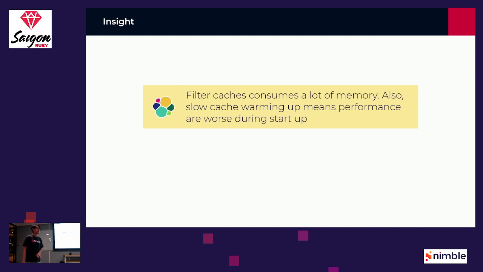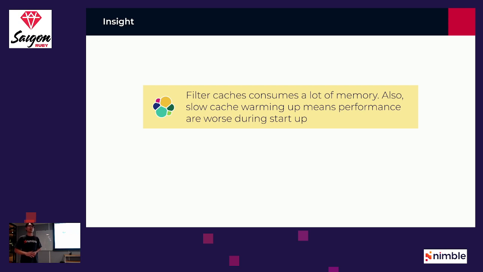But again, there's no free lunch. Filter caches consume a lot of memory. So this is probably the biggest source of memory consumption. Not the biggest, but it's very huge. Depends on the use case. Also, slow cache warming up means performance is worse during startup. With Elasticsearch, if the cache is already warm, usually you have pretty good performance.